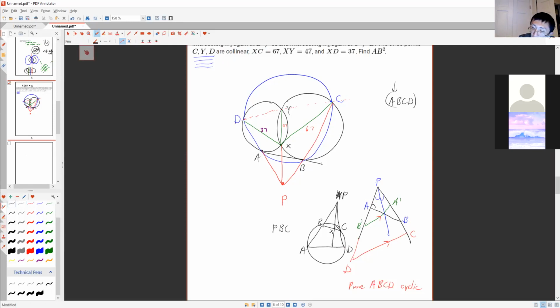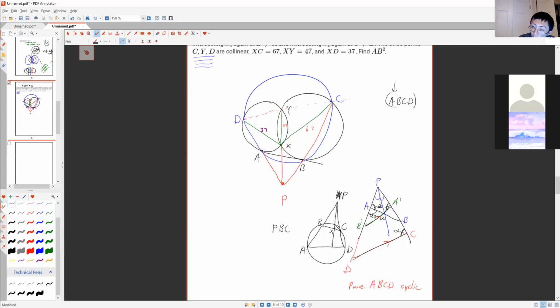Yeah, this equals this, because A gets reflected over to A prime and B gets reflected over to B prime over the angle bisector. So these two are at least the same. And then you just dilate this green line to this red line, so these two are also the same. So if this is alpha, and this is beta, then this is also alpha, so this is 180 minus alpha.